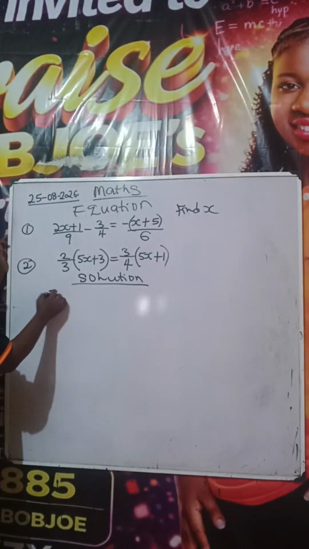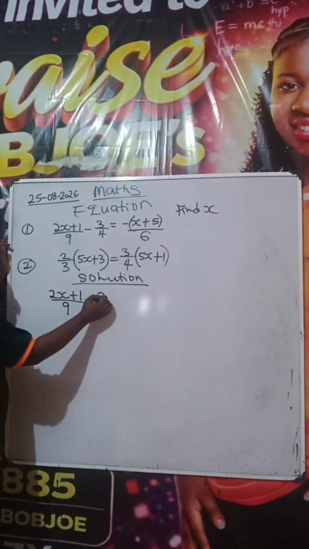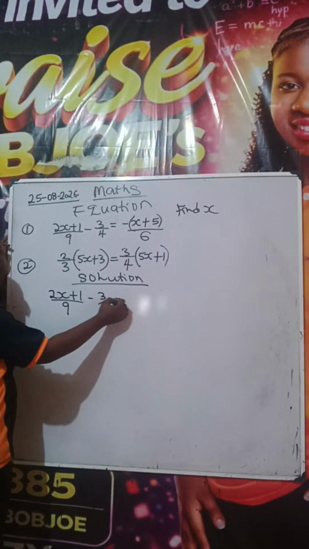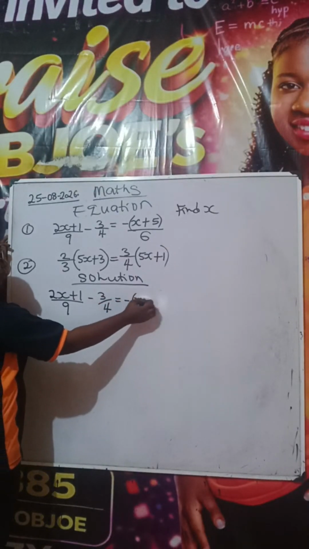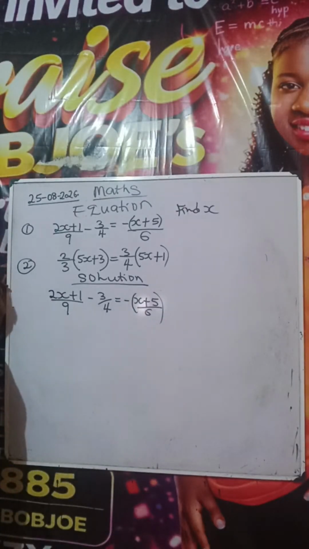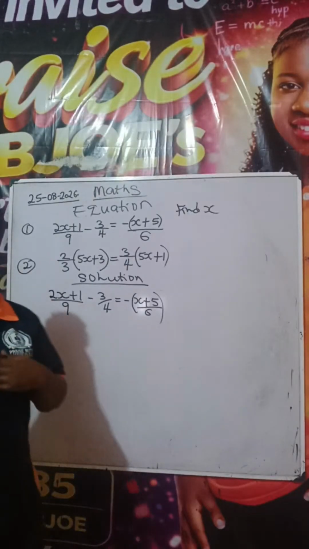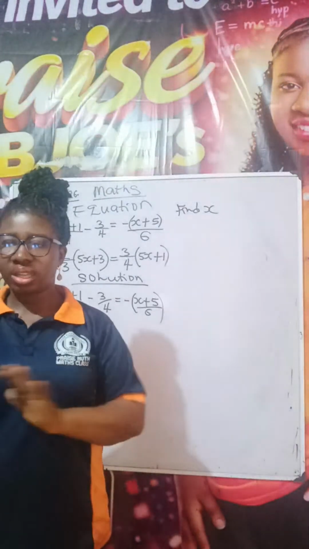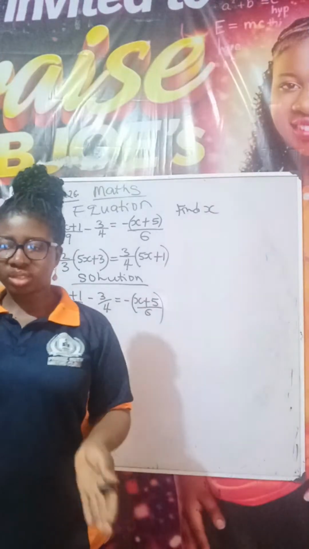We have 2x plus 1 over 9 minus 3 over 4 equals minus x plus 5 over 6. So we need to do something. Now, you know that I don't want to work with the fraction. I want to clear the fraction.